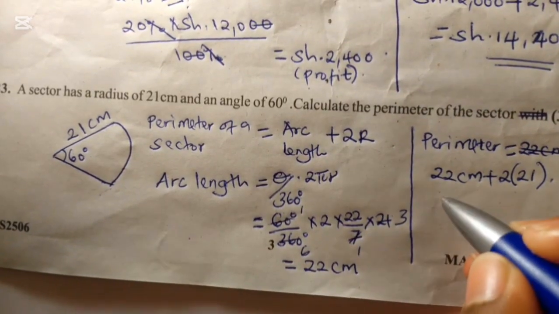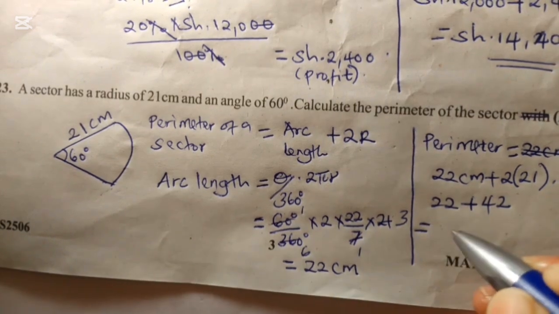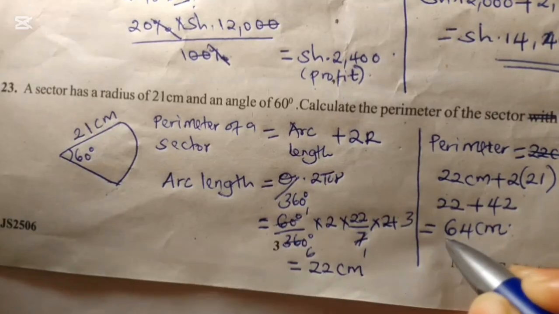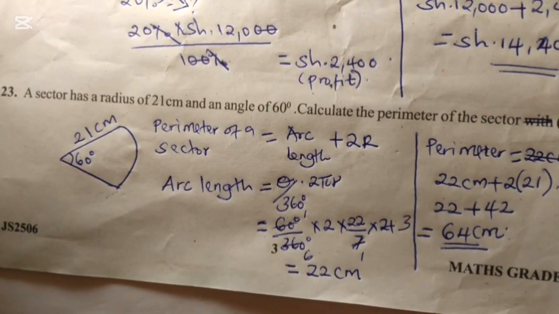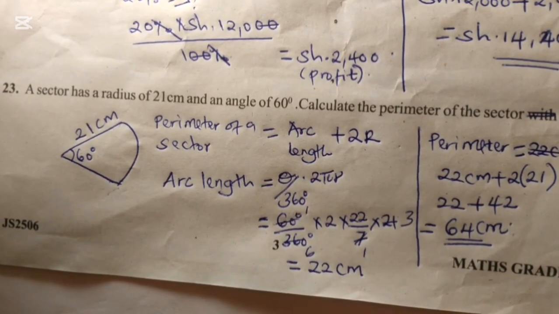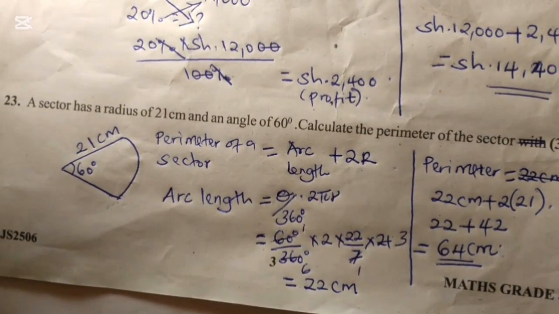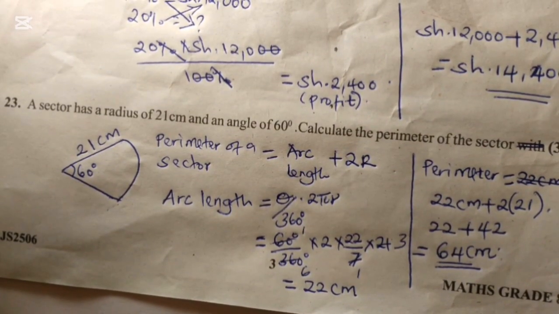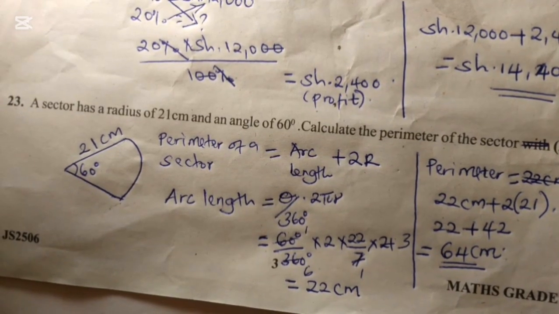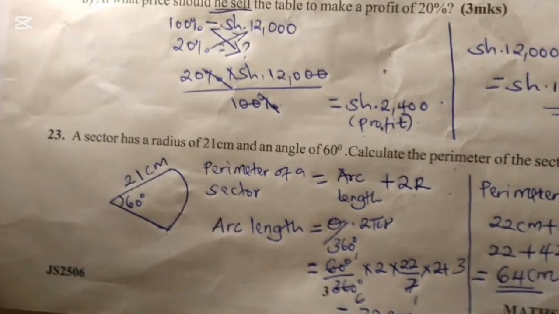Yes, and this will be 22 plus 42, and therefore the perimeter will be 64 centimeters, because perimeter is just the distance around a figure, and the distance in this case is given in centimeters. The formulas are so important here. Good. So let us move to the next question.